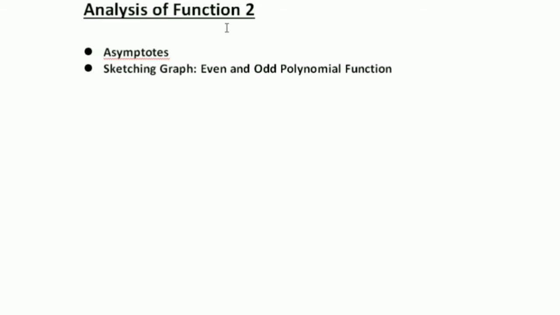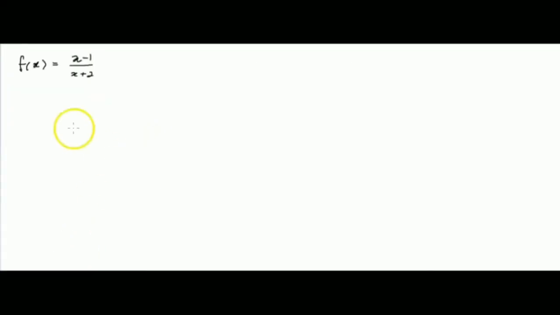Okay, let me explain to you more by doing an example. Okay, let's say that we have this function. How are we going to find the asymptotes for this rational function?